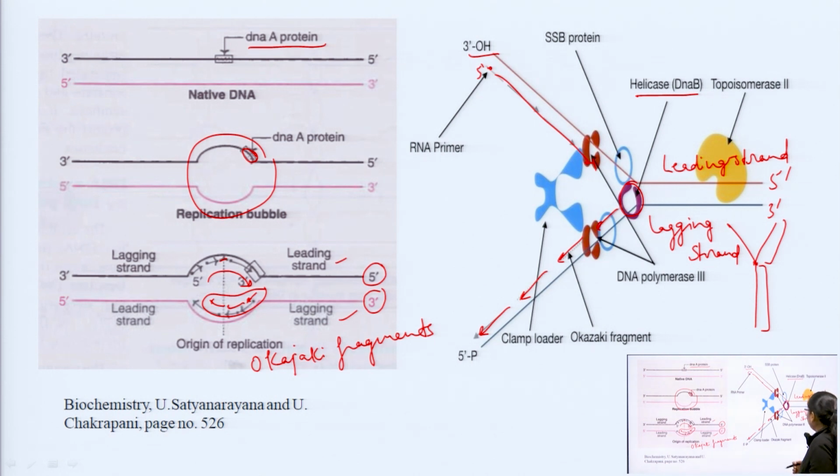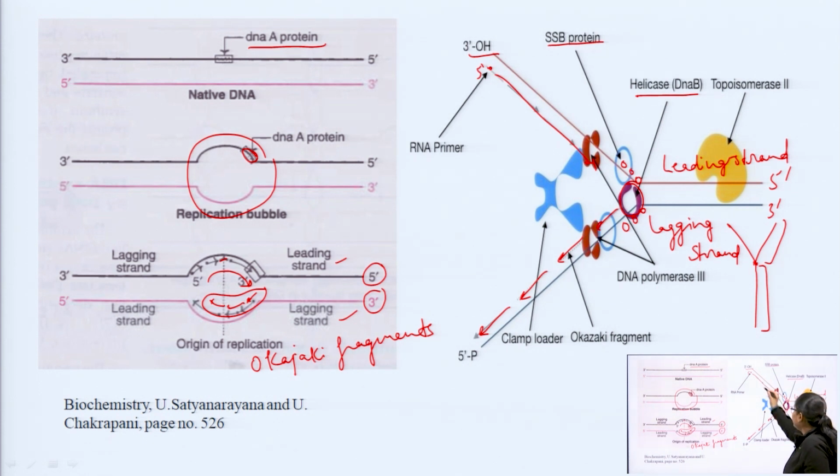Then the second, which is needed to stabilize the opened DNA molecule, that means we have opened the helix like that and we do not want to re-helix it once again. So, we will use here SSB protein. SSB proteins are called single stranded binding proteins. Here they are used to stabilize the open structure of your parent DNA.